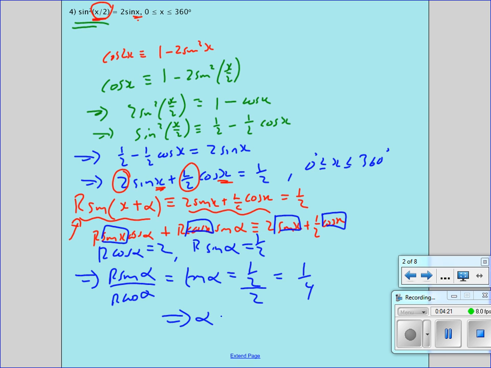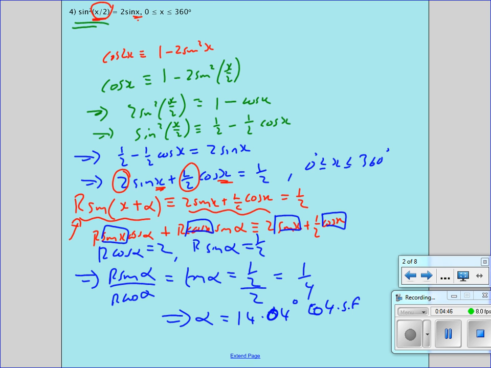So therefore my alpha equals tan to the minus 1 of 1 over 4, and make sure your calculator is in degrees. That is 14.04 degrees to 4 SF, because remember we need to get our final answers to 3 significant figures, so we'll work to 4.